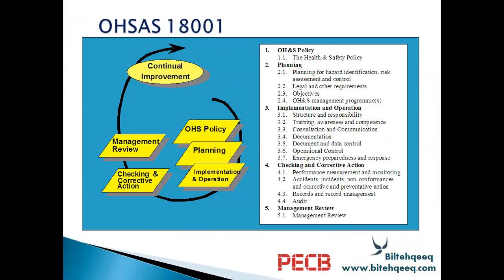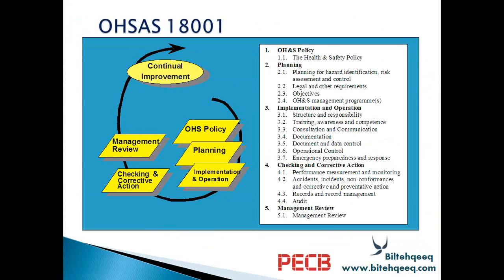We will try with the passage of time to improve our health and safety management system. We can improve the policies, the plan, the implementation and operations, and the checking and corrective action, and we can review how we can improve things.